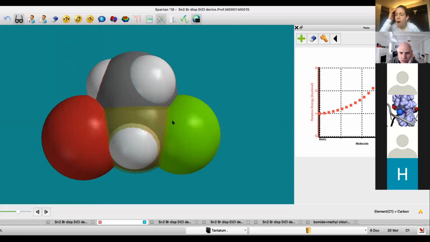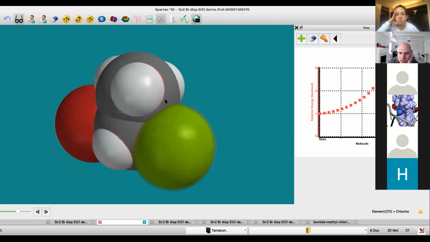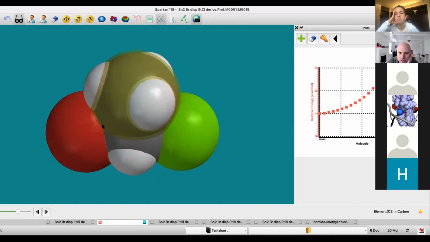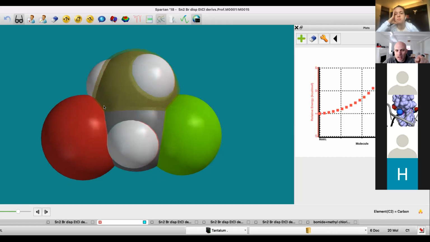And so we're okay with the overlap of the van der Waals radii for those elements because there's a partial bond. What we're not okay with is this interface here where the leaving group's hitting the methyl group, or this interface here where the nucleophile is hitting the hydrogen and the carbon, okay? And so those are the non-bonded interactions that I'm talking about.